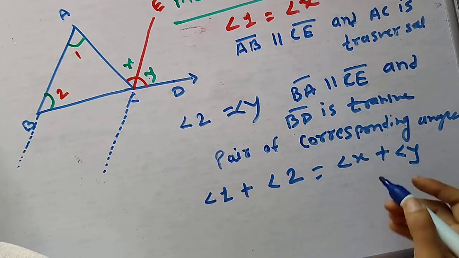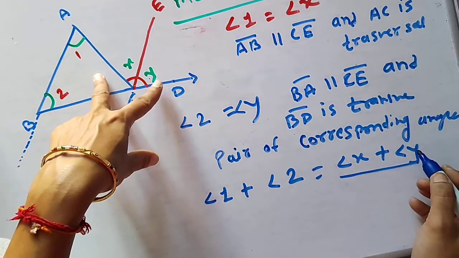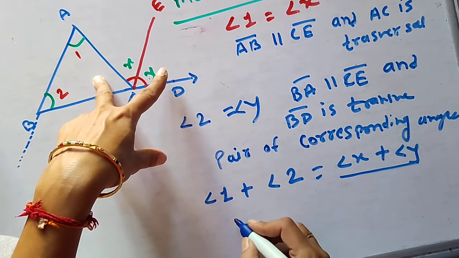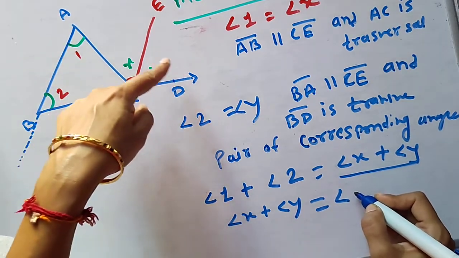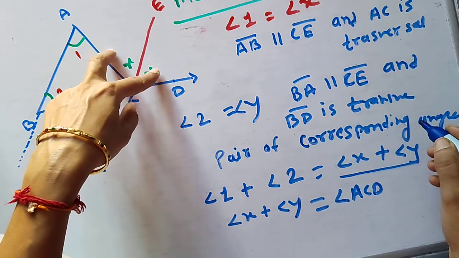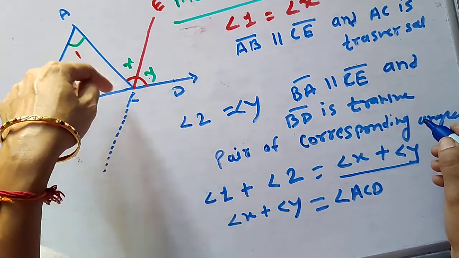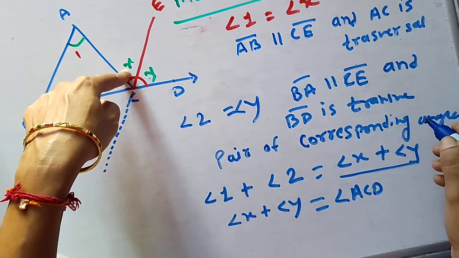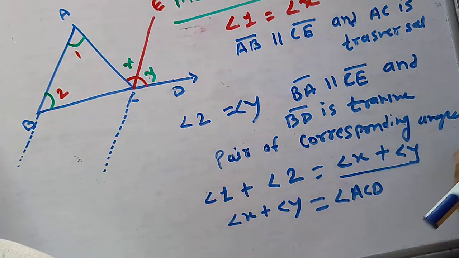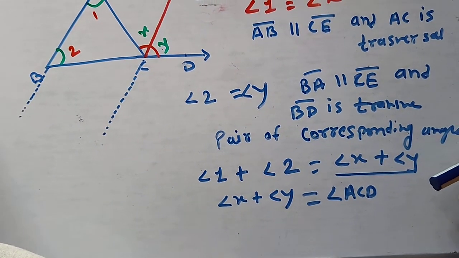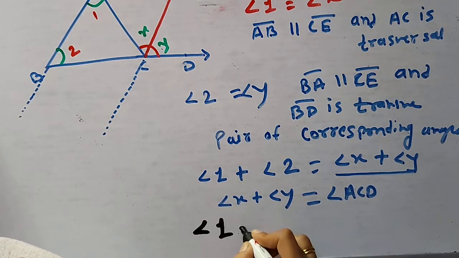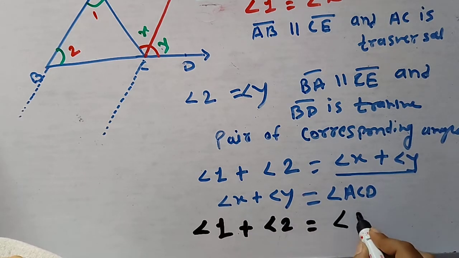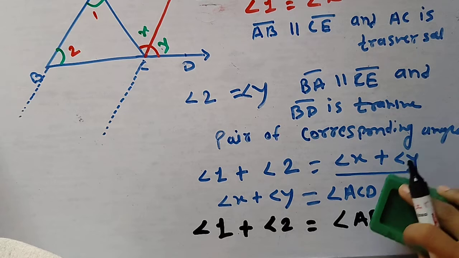Angle X and Y together make which angle? Angle ACD. This angle is divided into two parts, X and Y, so together X and Y give us angle ACD. So in the above relation we say that angle 1 plus angle 2 gives angle ACD. This is your answer.